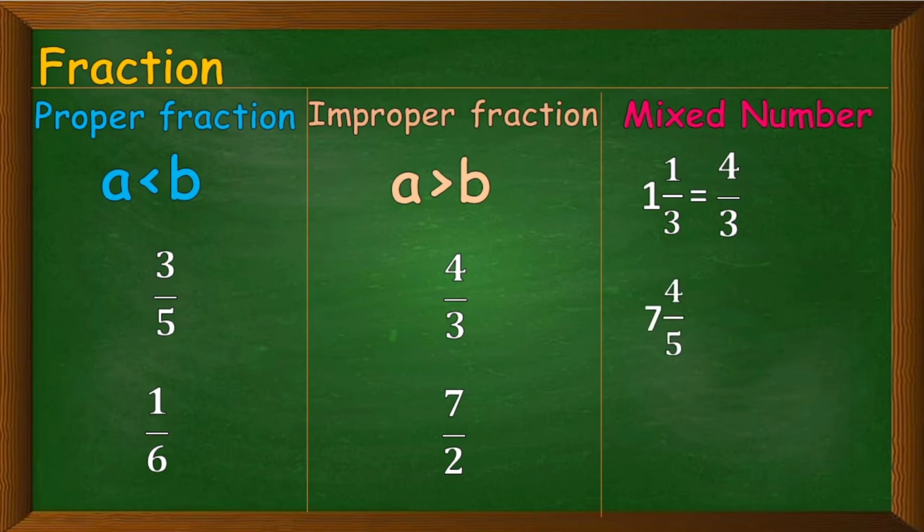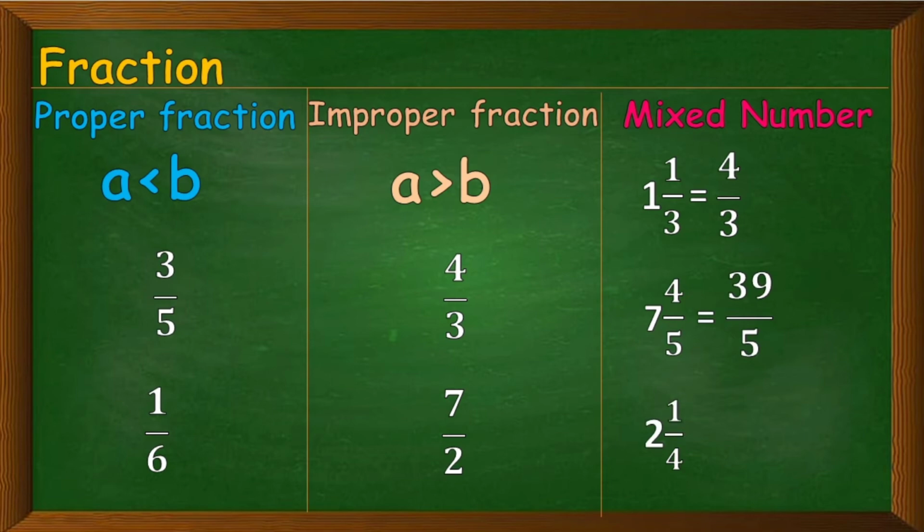Next is 7 and 4/5. So here we will multiply 5 and 7, that is 35, plus 4, we have 39/5. Lastly, we have 2 and 1/4.